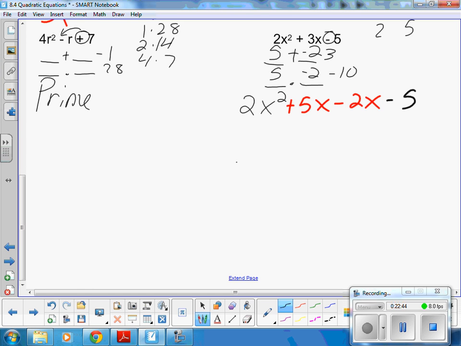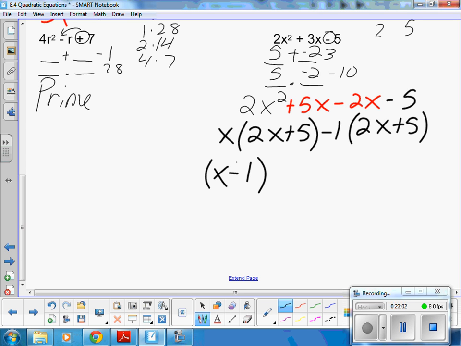Factoring an x out of the first two terms, I get 2x plus 5. Factoring a negative 1 out of the last two terms, I get 2x plus 5. So my answer is x minus 1 and 2x plus 5.